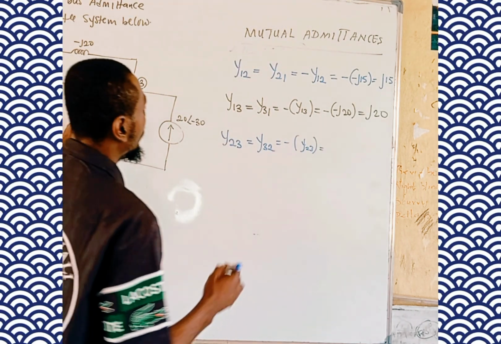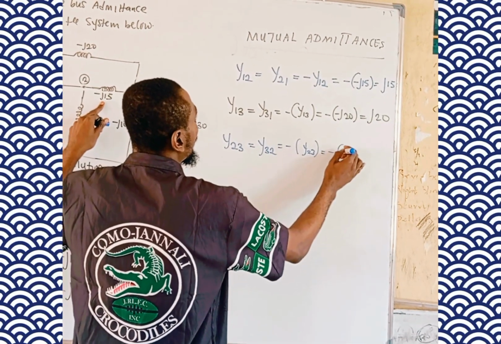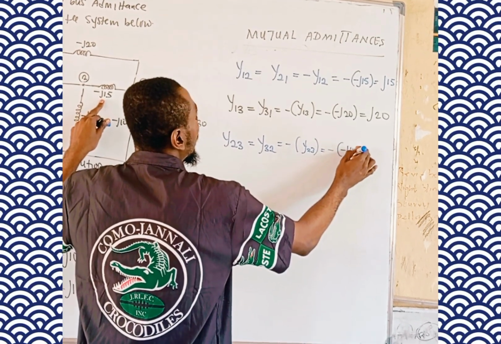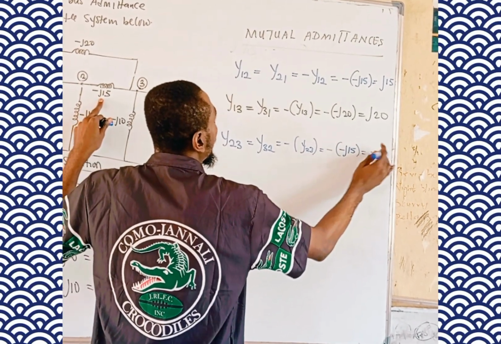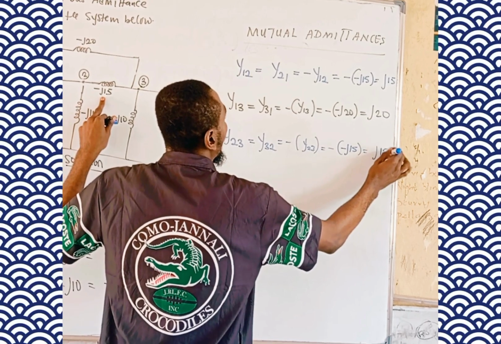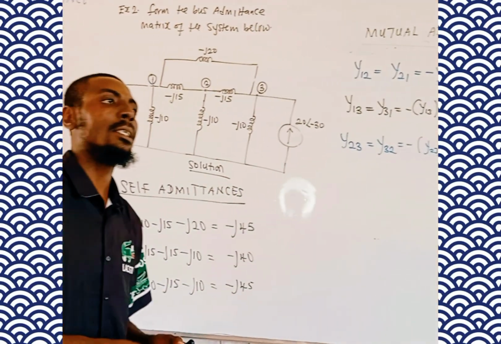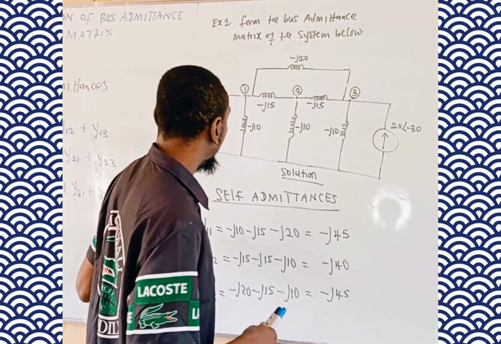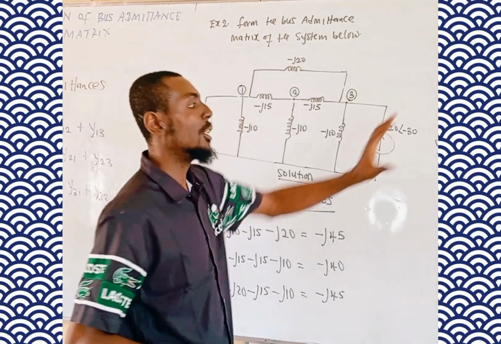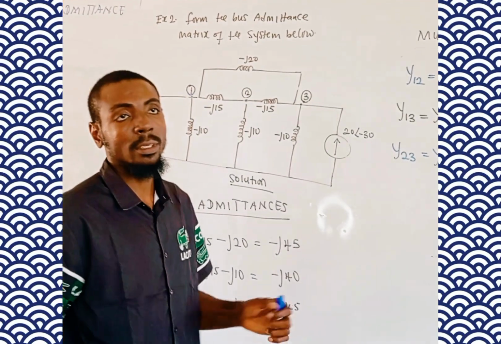Y23 is minus J15, so the negative of minus J15 equals positive J15. Having itemized the self and mutual admittances, we have drafted them.